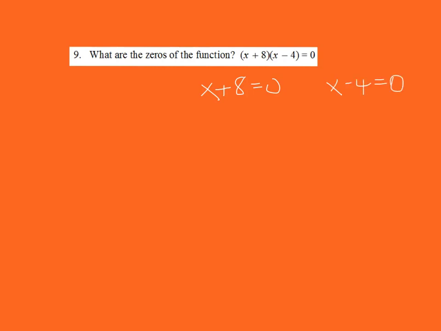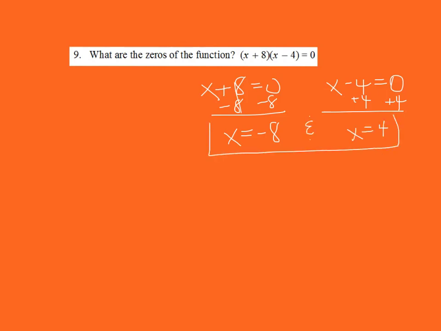So what I've done is I took my first piece, set it equal to 0, took my second piece and also set that equal to 0. And now I just solve. So minus 8, x equals negative 8, and plus 4, x equals 4, and that's my answer. Now remember, there is a shortcut, right?